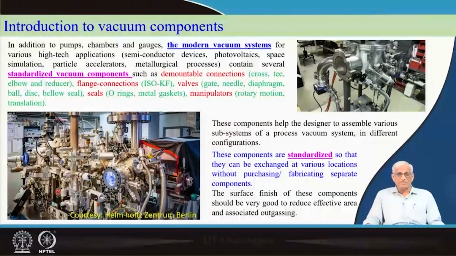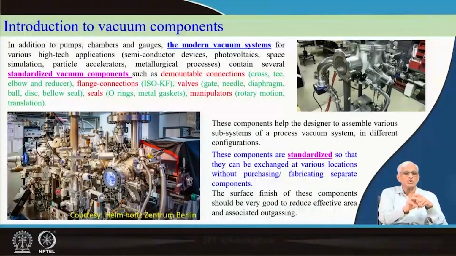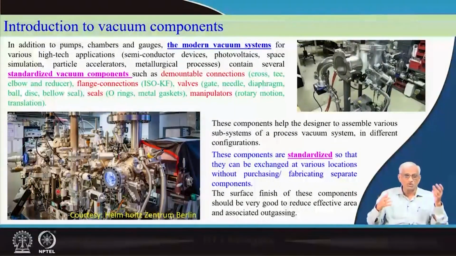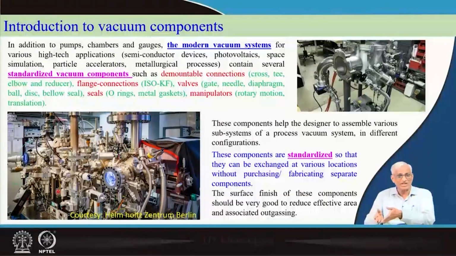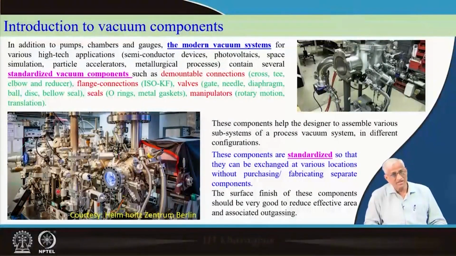That is the reason in vacuum technology, over a period they have standardized the type of components, geometry, shape, everything has been standardized, so that you can couple this and tomorrow you do not need it, you need a bigger one, that is also available on the shelf. You do not have to make it separately that day in a workshop. So, these are all standardized couplings.